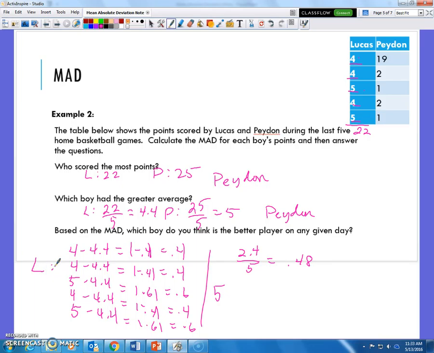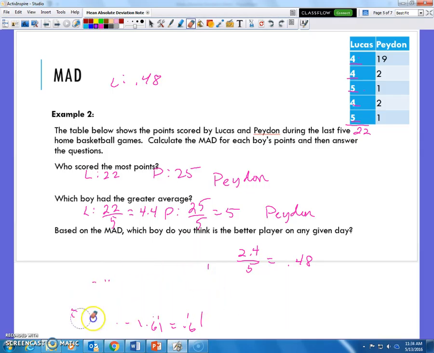All right, so take a second to write those down, and I'm going to erase that and make Peyton's chart here. Lucas, we decided, was 0.48 for his mean absolute deviation. Peyton scored 19, 21, 22, 23, and 24, and his actual average was 5. So I'm going to subtract 5 from each of those numbers.